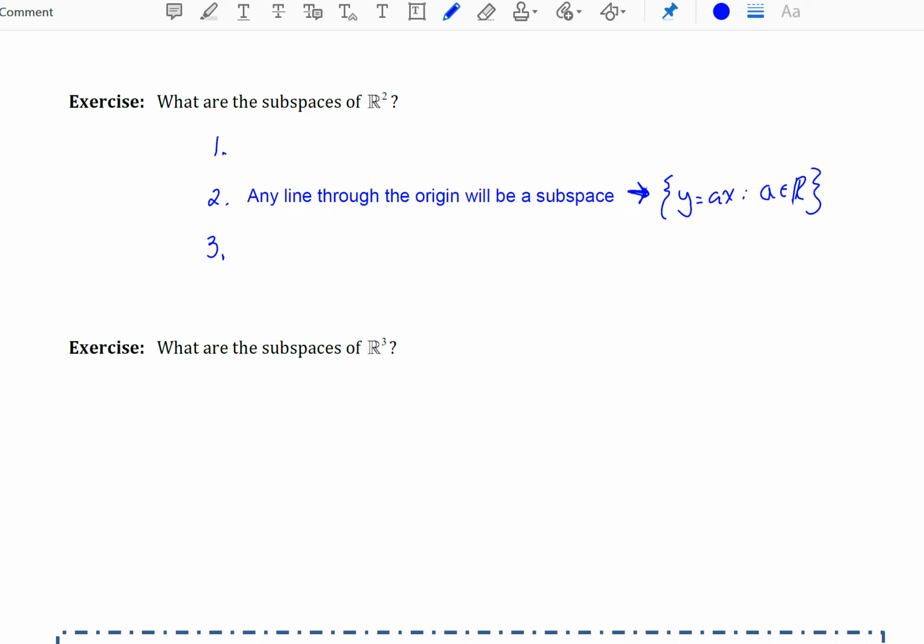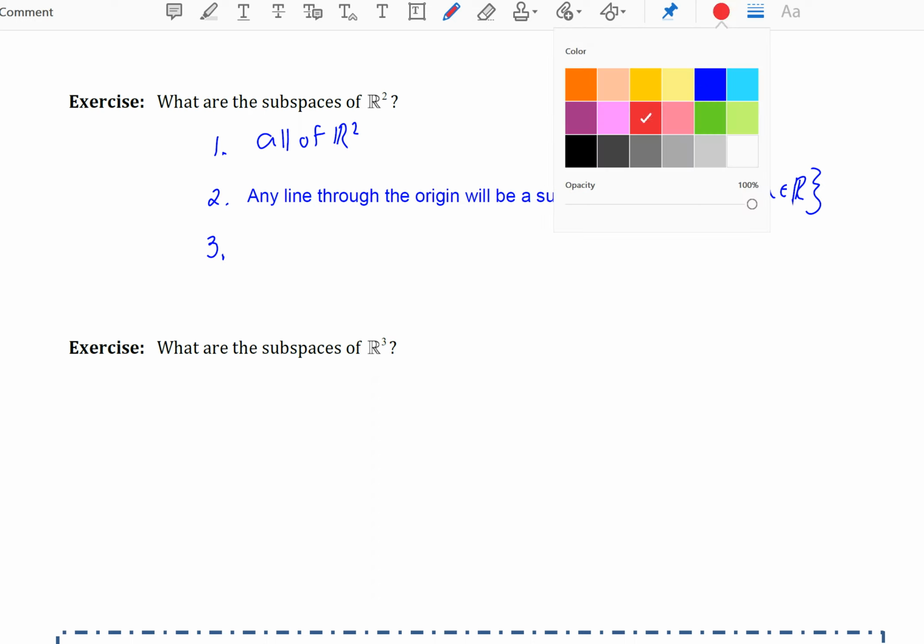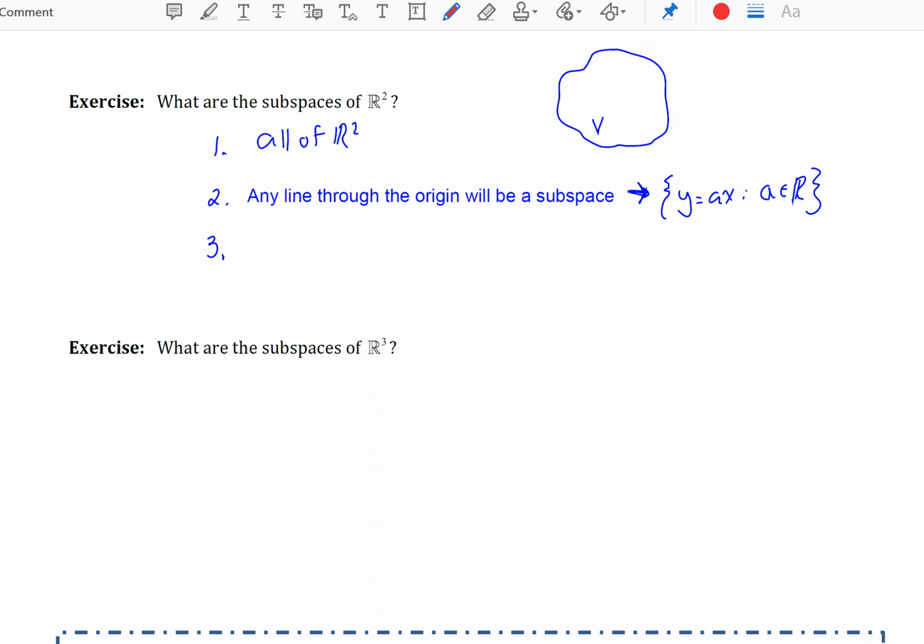Now the other 2, these are interesting ones. We can say also all of R2 itself. So when we were visualizing our vector spaces, if here is your vector space V, what if W was not completely contained inside it, but what if W was actually the same size as V?